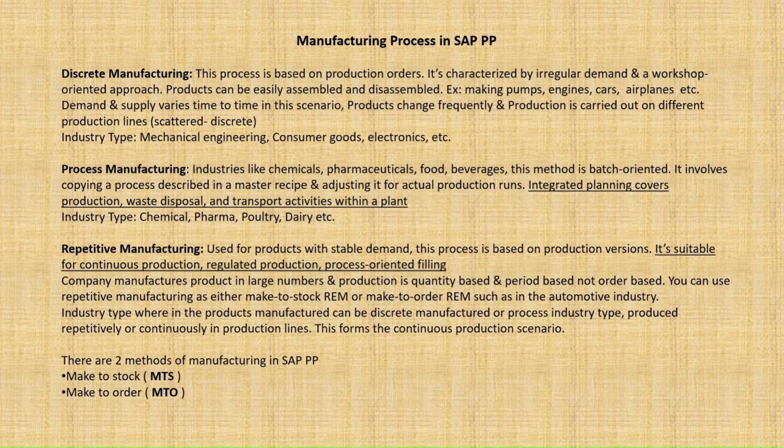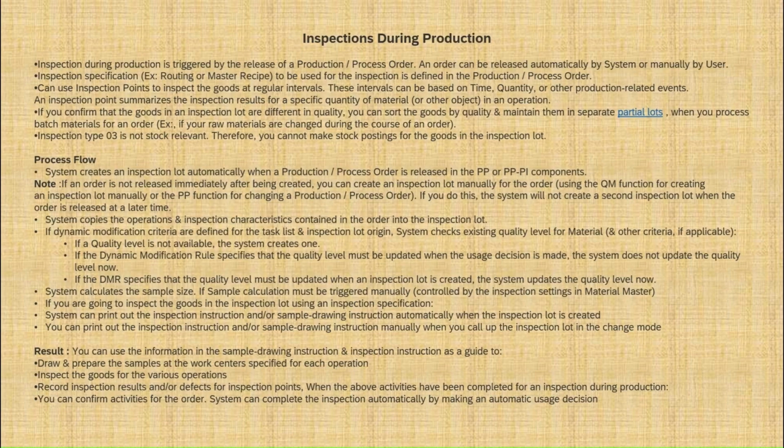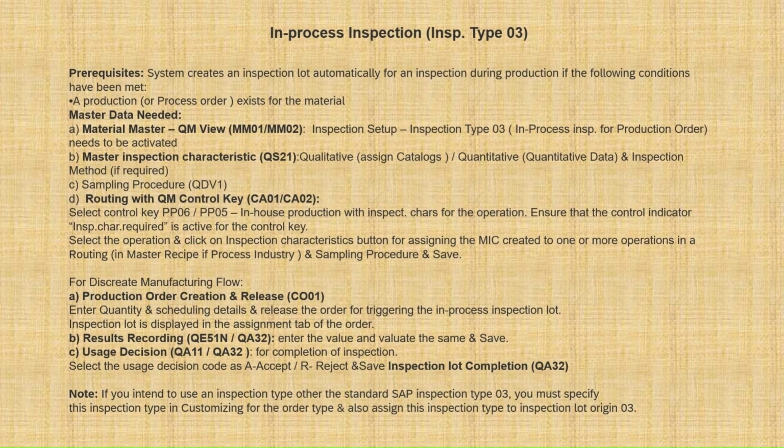Integration is there with the PP department. When they are producing it, at that time we are doing the inspection. We are producing the material in our manufacturing unit and the production is going on; that is one inspection. The second inspection is when the finished good has been produced and is ready to be moved to the warehouse; at that time, we are doing the inspection. 03 is in-process inspection for the production order.